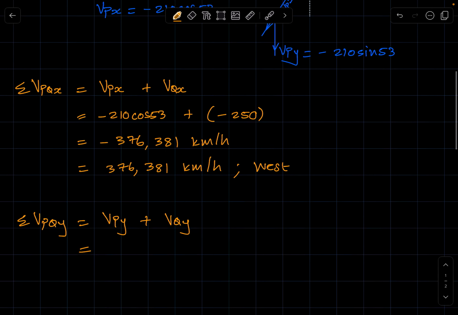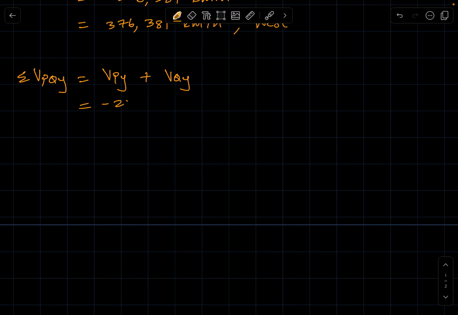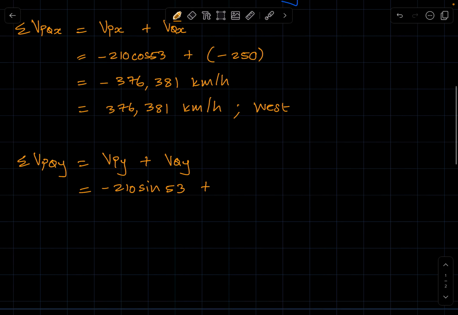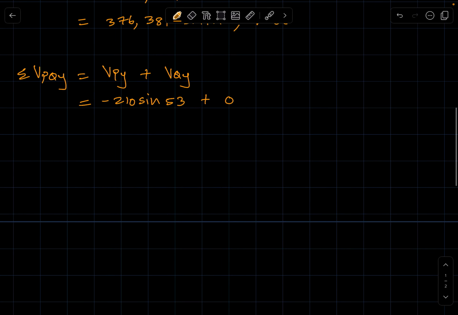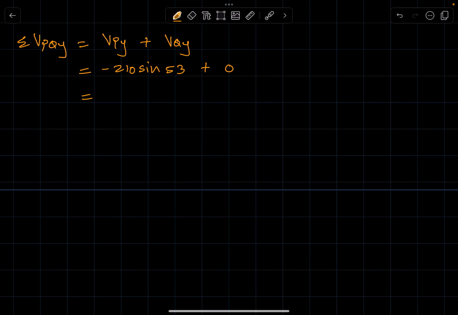And this is equal to VP in the y direction is negative 210 sine 53, plus, now there is no component of VQ in the y direction, so it is approximately equal to 0, so plus 0 there. And if you punch this in your calculators, we are going to get negative 167,713. So this is in kilometers per hour.